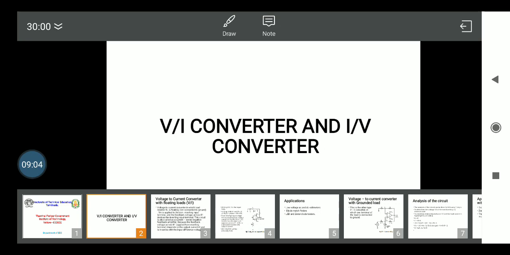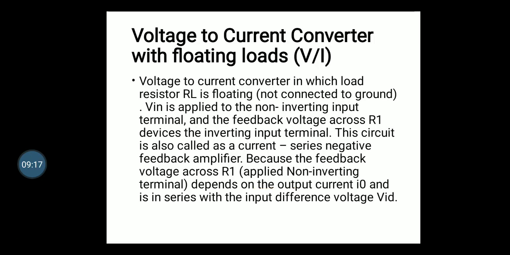We may have two types: voltage to current converter with floating load, and voltage to current converter with grounded load. The voltage to current converter is used mostly when we drive a deflection coil in a television tube.